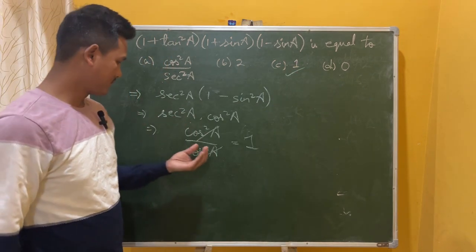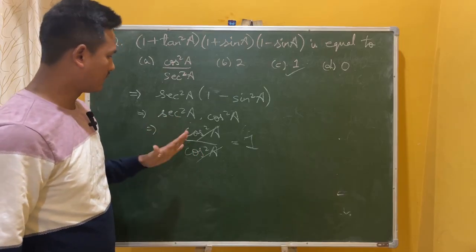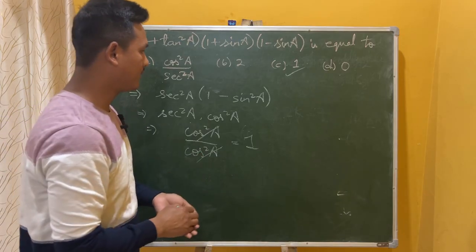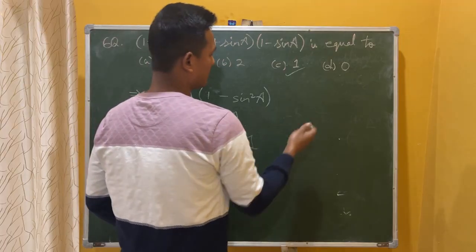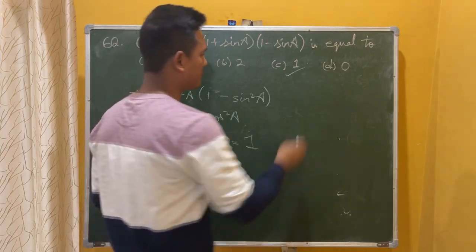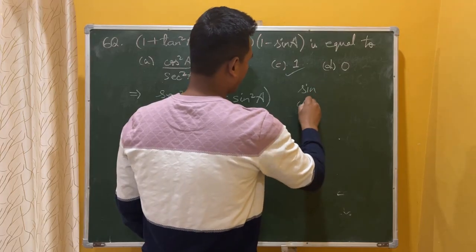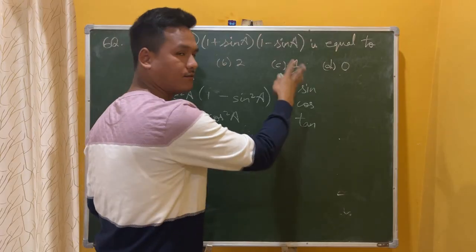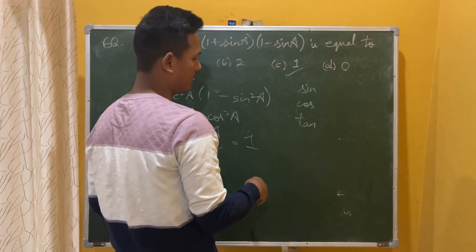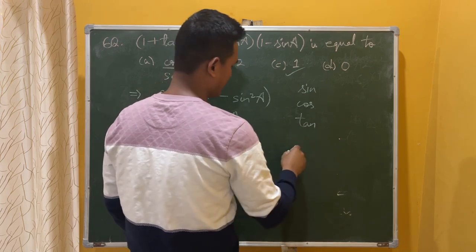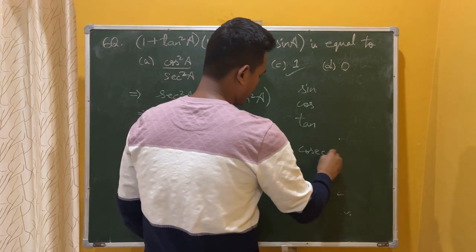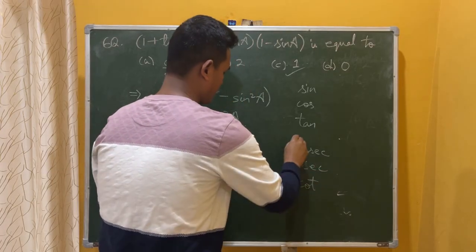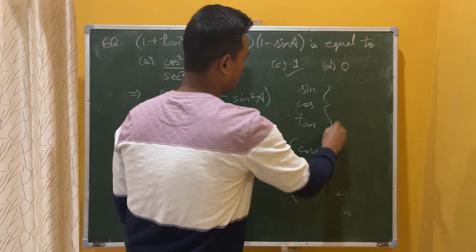A brief idea about cosec, sec, sine, cot, tan is that maybe you already know, but let me remind you that the fundamental trigonometric ratios are sine, cos, and tan. Derived trigonometric ratios are cosec, sec, and cot.